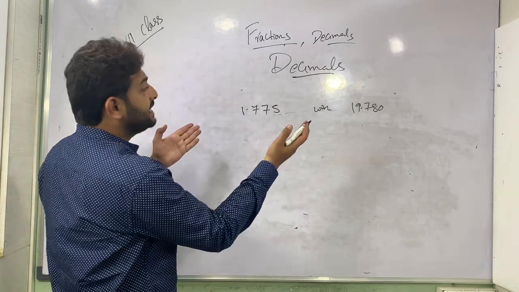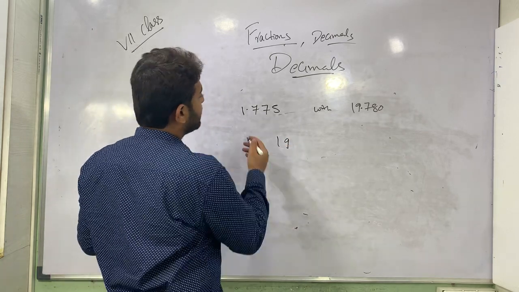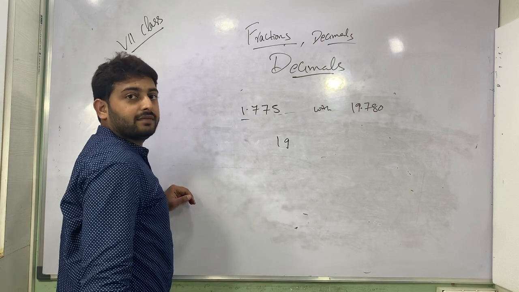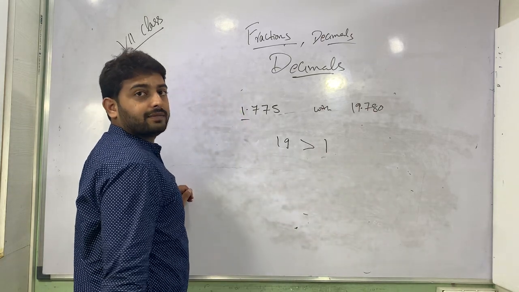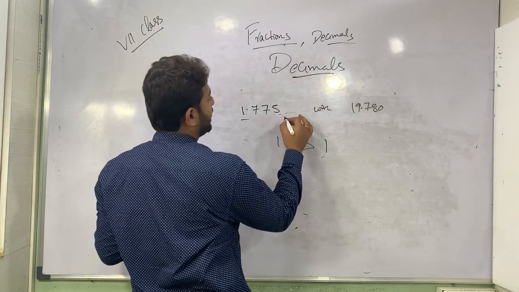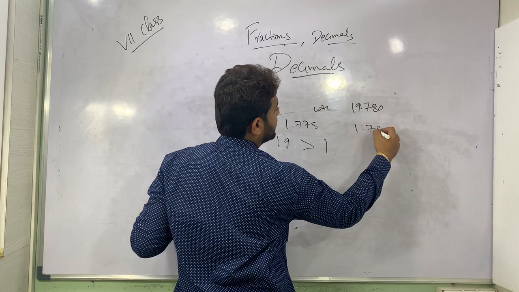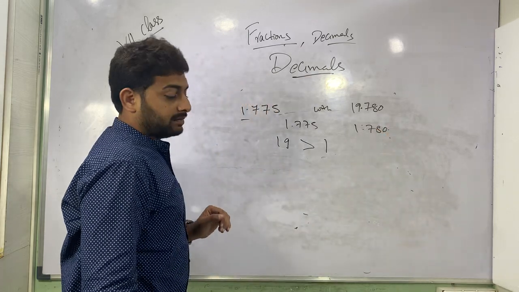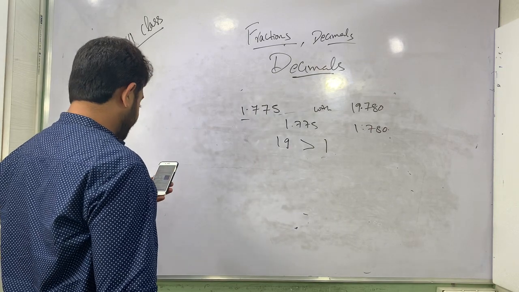Now you can straightaway see that 19 is a much bigger number compared to 1, right? Those are not equal. If they had given a question like 1.775 and 1.780, then that would be a different part.